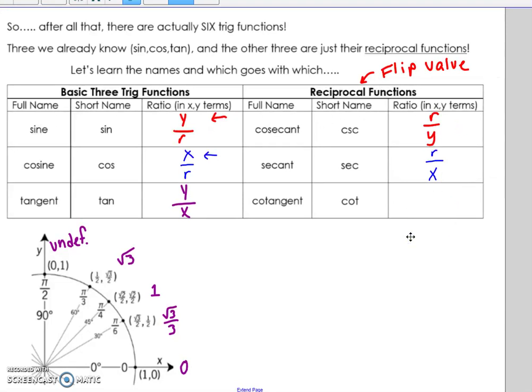Now the cotangent is x over y. But the easier way to think about it, since it is a reciprocal, is that cosecant is 1 over sine of theta, secant is 1 over cosine theta, and cotangent is 1 over tangent theta.